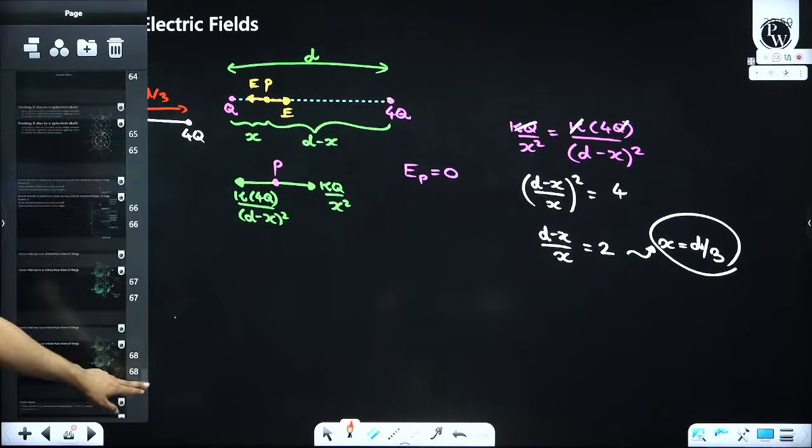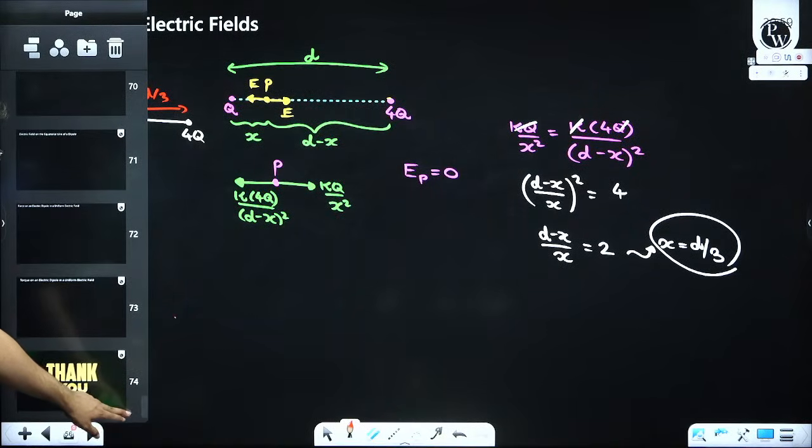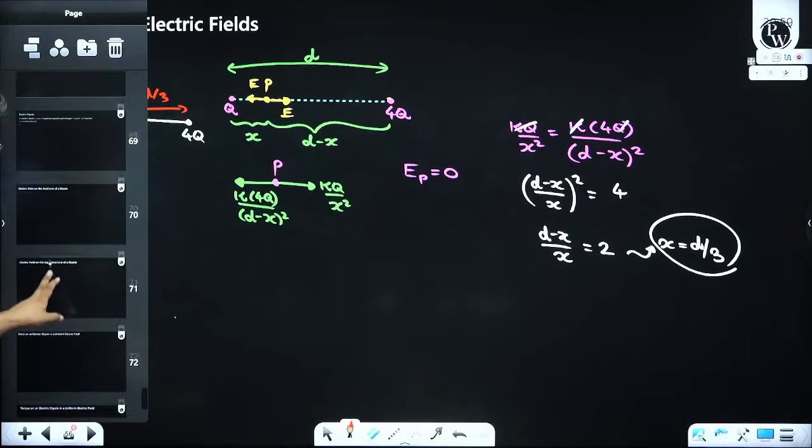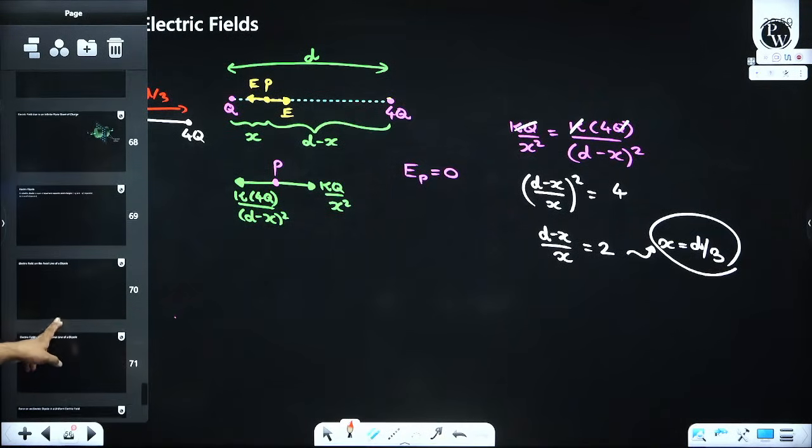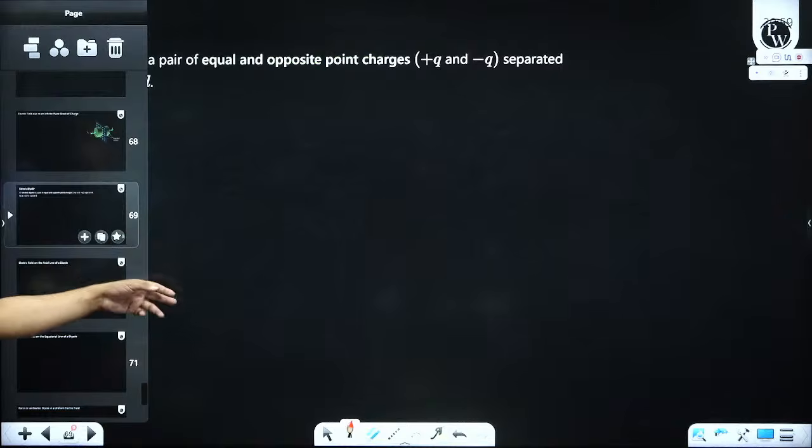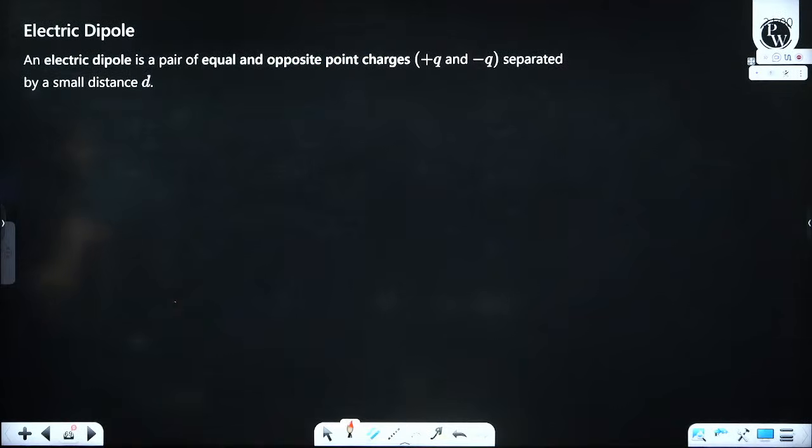We had electric flux and Gauss law as well, but we'll just do the electric dipole today, because flux and Gauss law will need some more time, right? So we'll just finish it off with dipole.